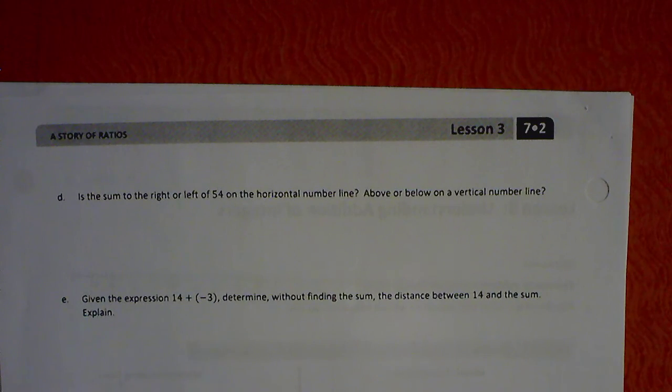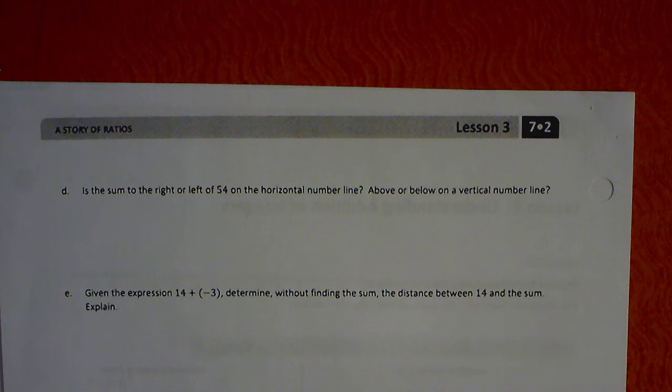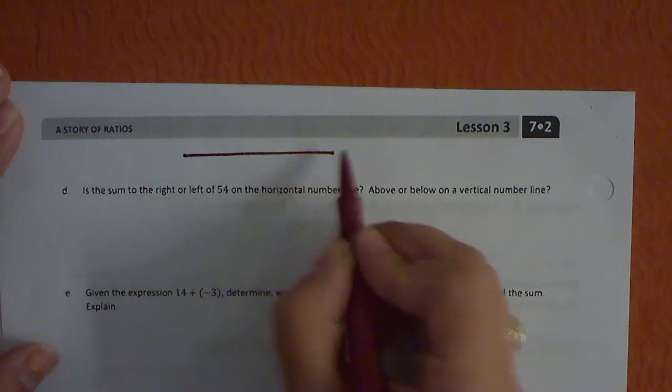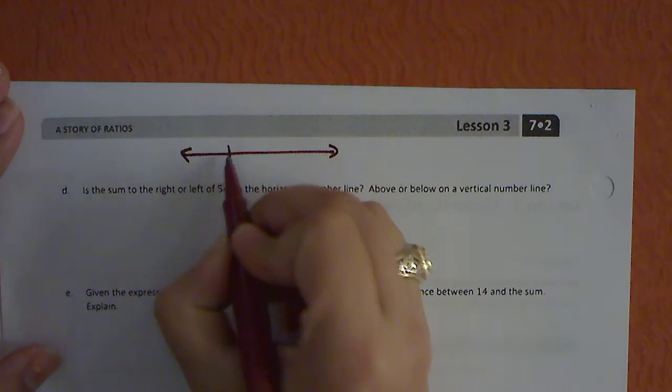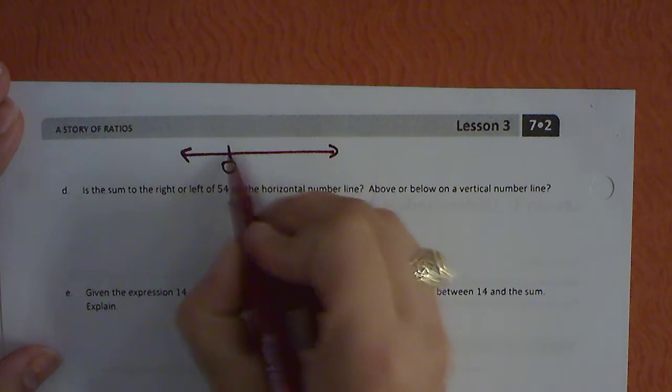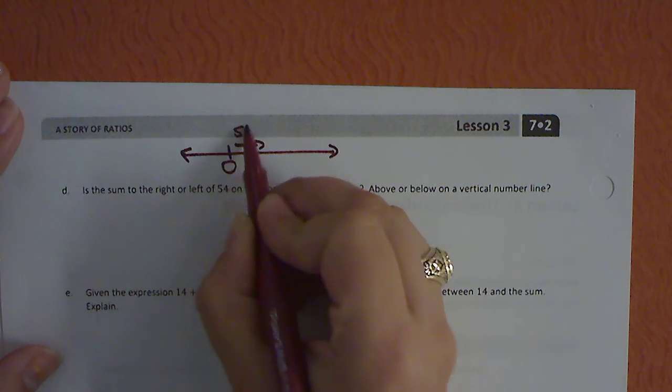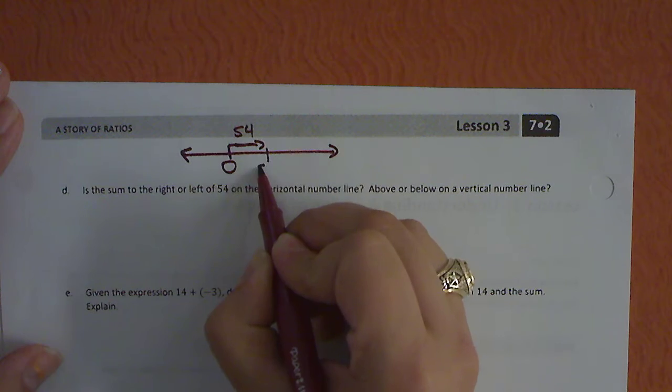Part D asks us, is the sum to the right or left of 54 on a horizontal number line, above or below on a vertical number line? So I'm going to draw a horizontal number line just like we did earlier on the last page. 0, we go 54, which lands us at 54.